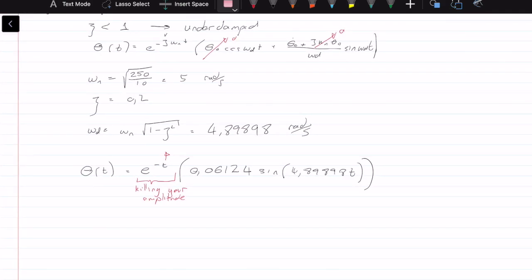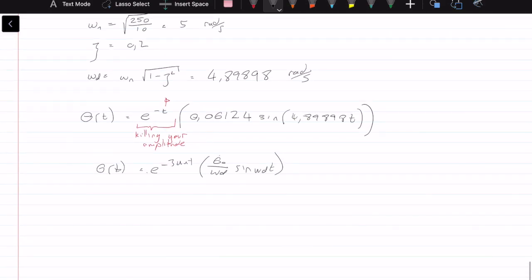So carrying out the derivative, I'm going to base it straight off there. I'm going to write theta as a function of t is equal to e to the minus zeta omega n t, theta dot naught over omega d, sine omega d t.